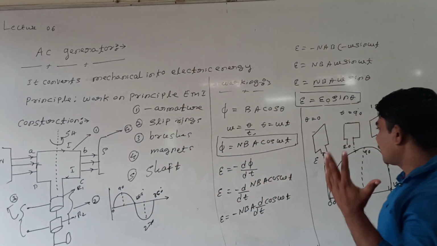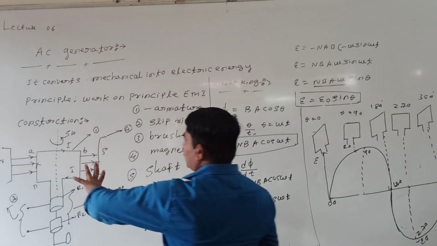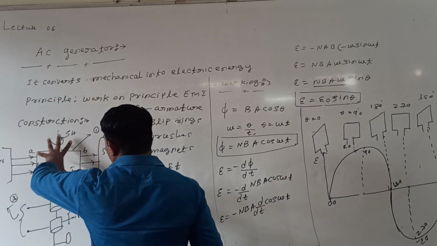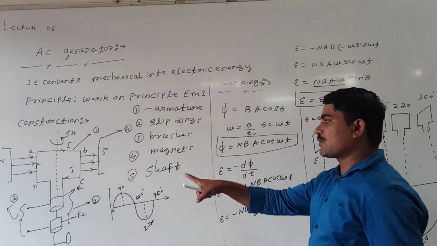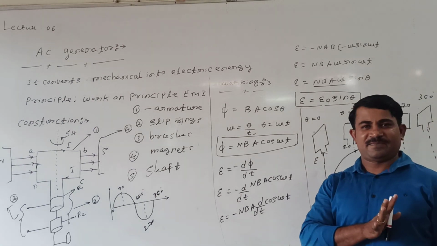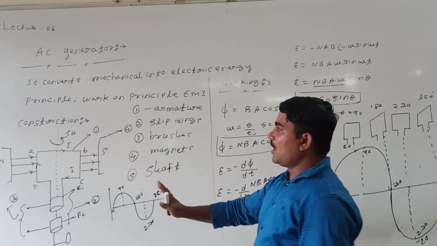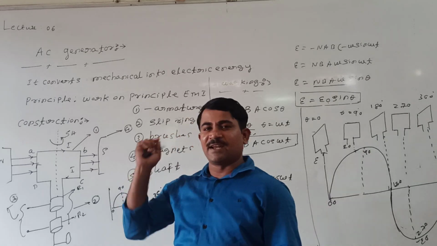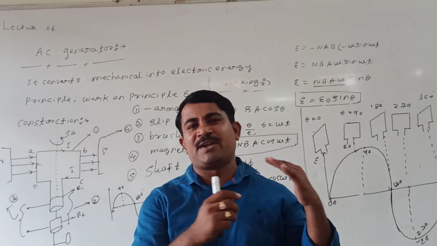Before that, just remember, whenever a coil rotates in a uniform magnetic field, EMF is induced in the coil and the induced EMF changes as a sinusoidal. Right? On what basis? Wherever the magnetic flux linked with the coil changes, EMF is induced in the coil.